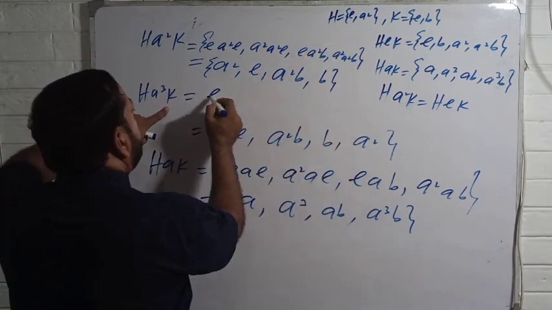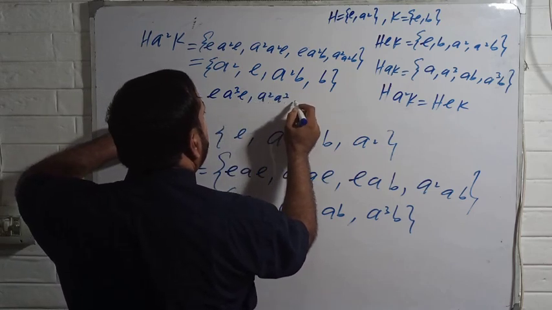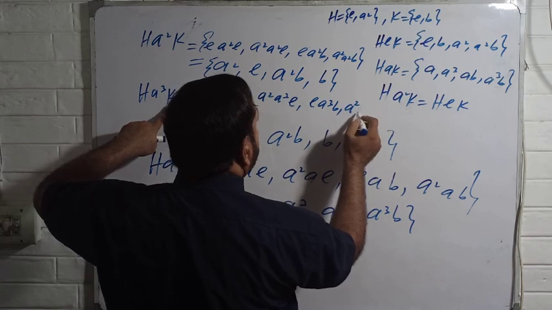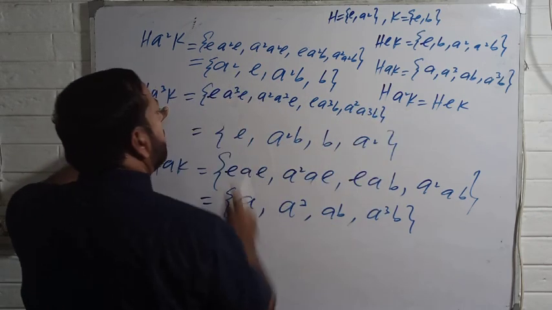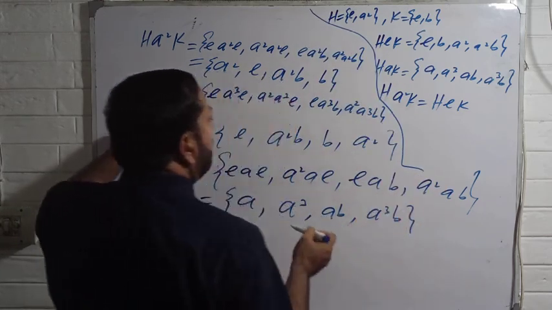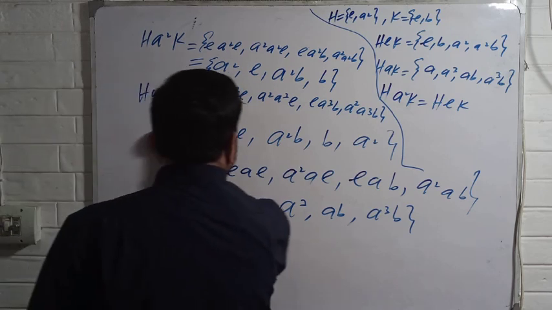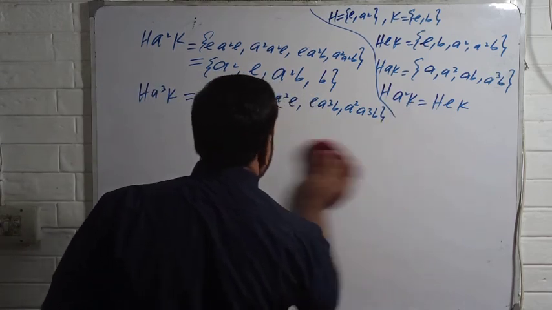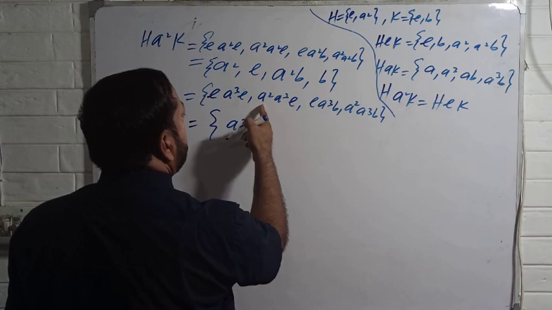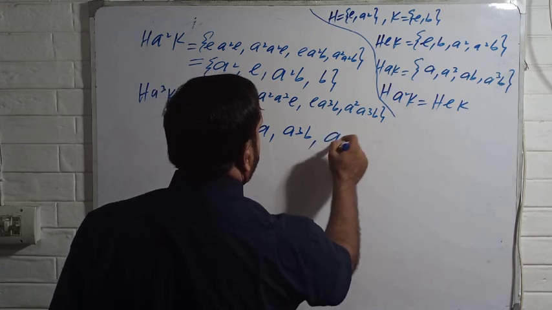So again, E A cube, then A square A cube, E, then E A cube B, then A square A cube B. If you simplify this, we are getting A cube, this is A to the fifth, this is A, and this one is A cube B, this one is A B.